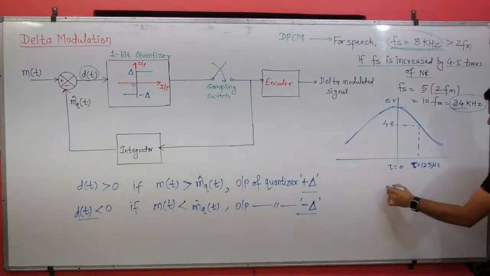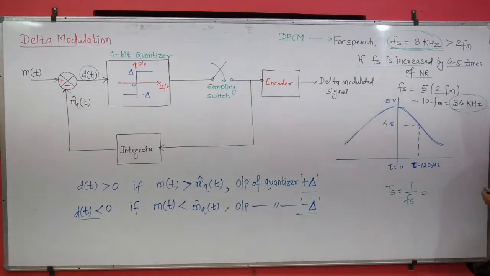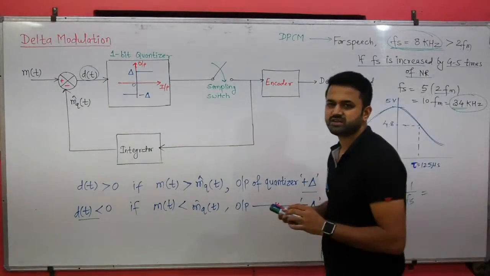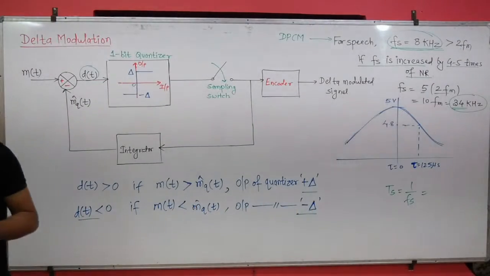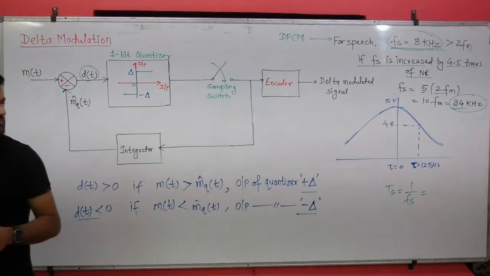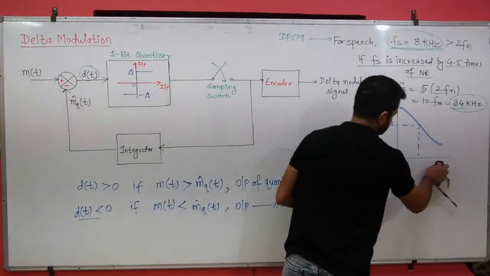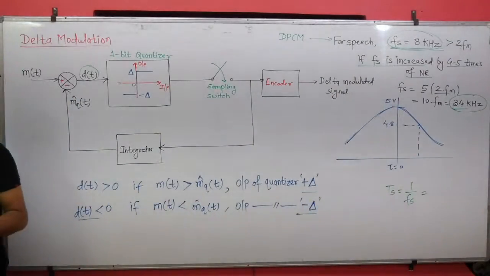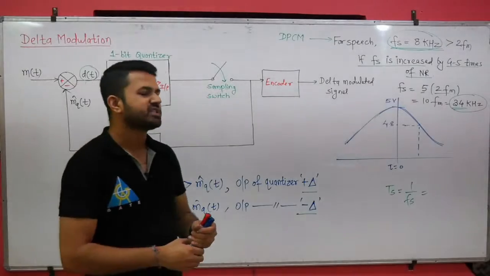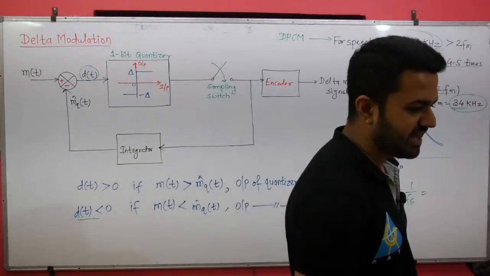So for 34 kilohertz, what will be the sampling interval? Tell me, what will be the sampling interval? Can anybody tell in microsecond? 1 upon 34 kilohertz in microsecond. What will be the value?